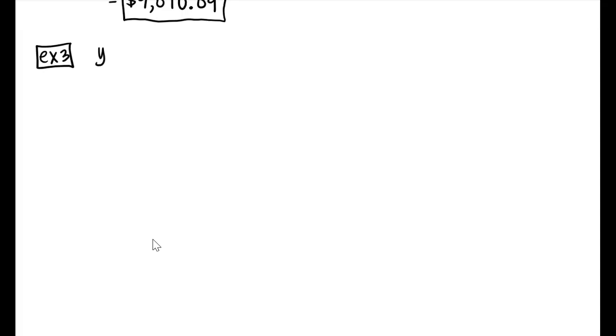Okay, so let's see. You buy a house for $350,000. And mortgages usually are 30 years. You can do 15 years, but most people do 30 years to make their payment lower per month.